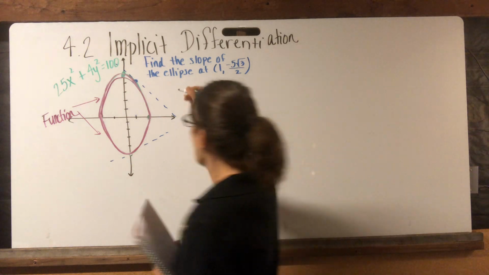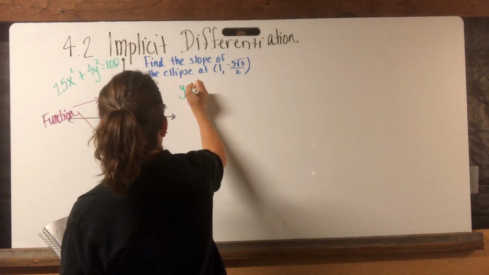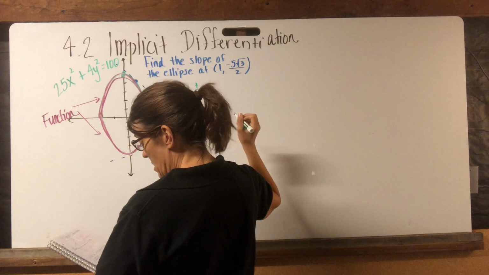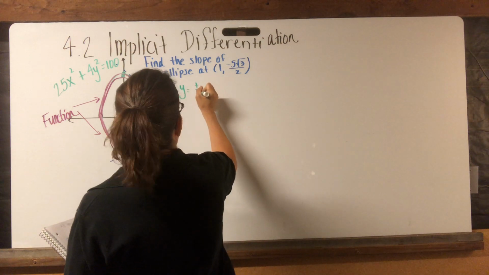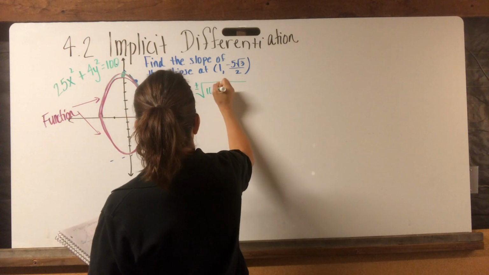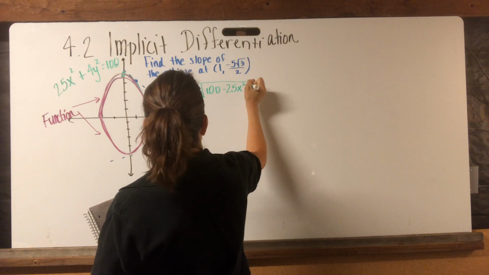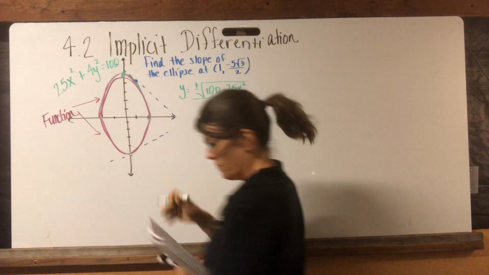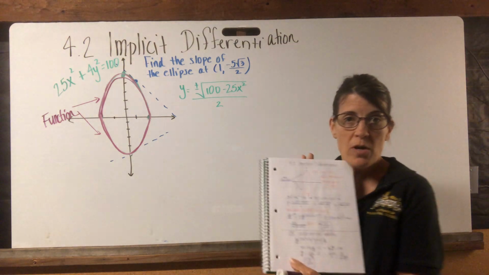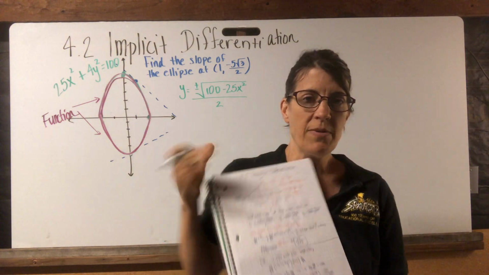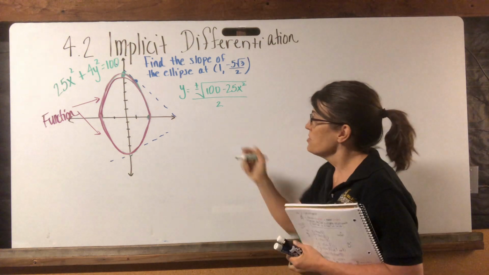When you solve for y, you get plus or minus the square root of 100 minus 25x squared all over 2. On the notes that I'll post, I have all the steps worked out for you.